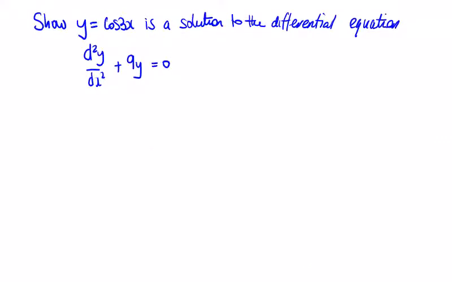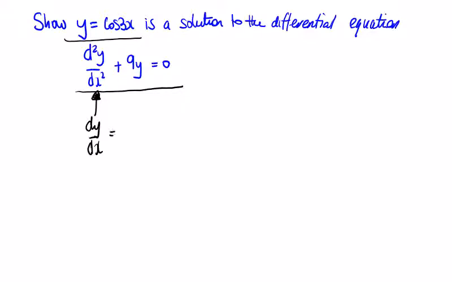In this one, there's a little bit less work. Show y is equal to cos 3x is a solution to this differential equation here. d squared y dx squared plus 9y equals 0. So we don't need dy dx, we just need d2y dx squared. So we do need dy dx to get that.